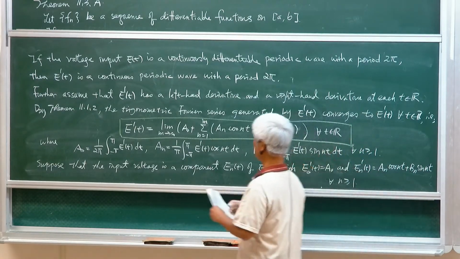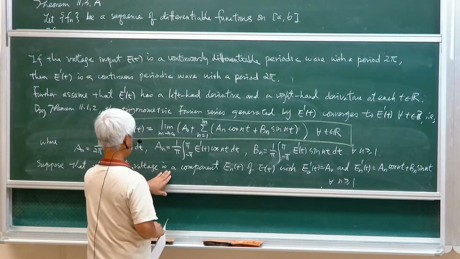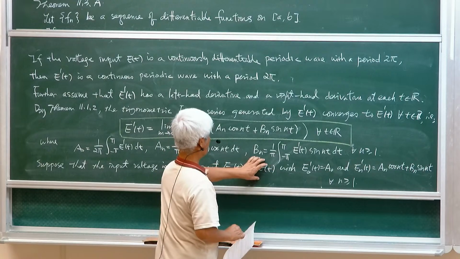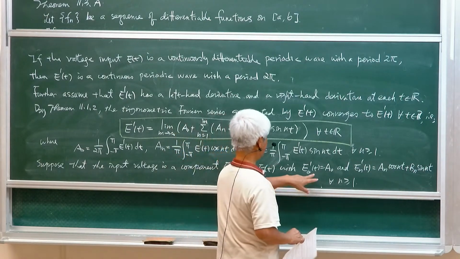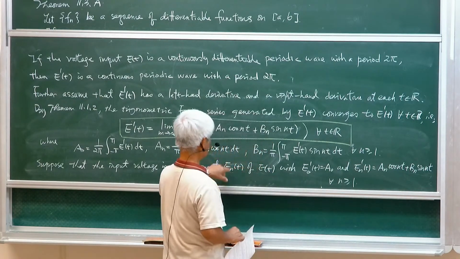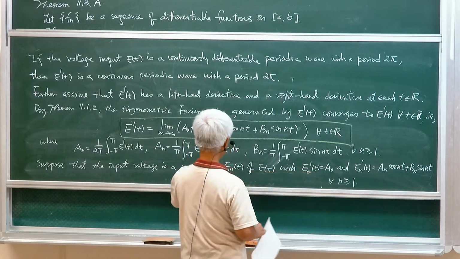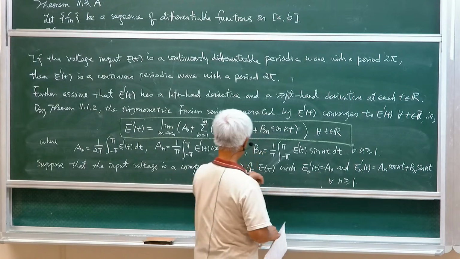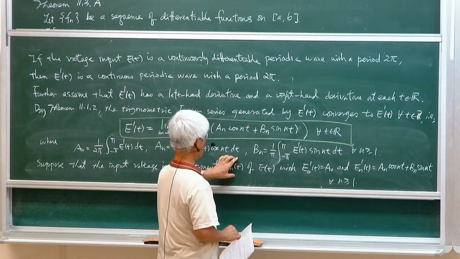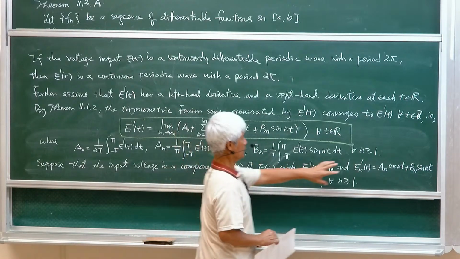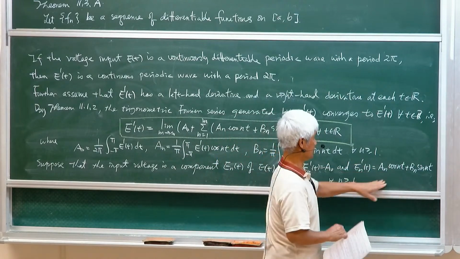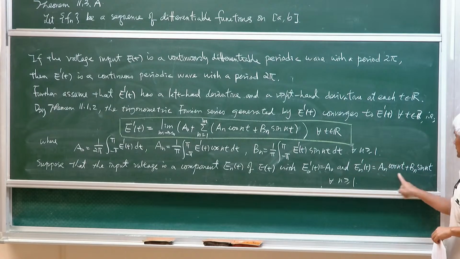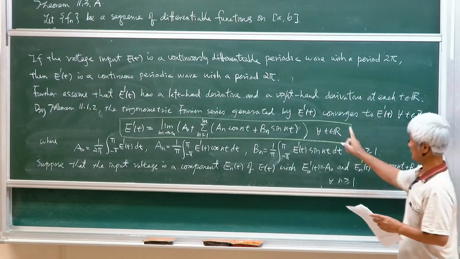So the derivative of the zeroth component is A0, and the derivative of the nth component En of t is this sinusoidal wave. Suppose that.